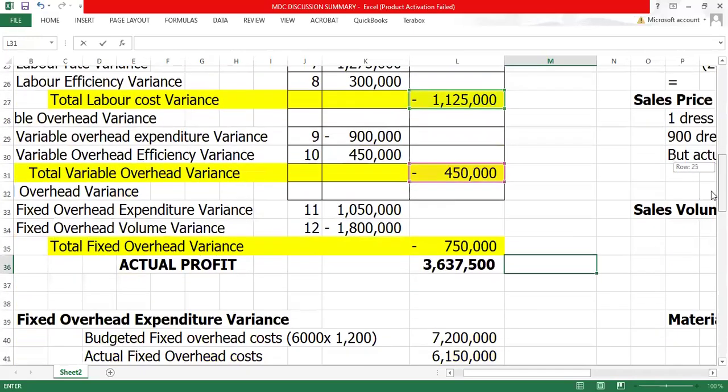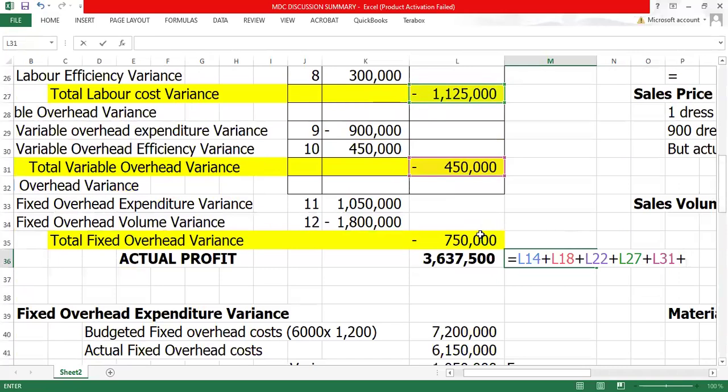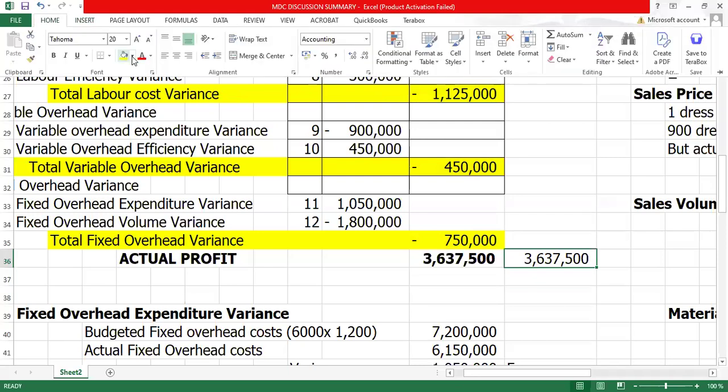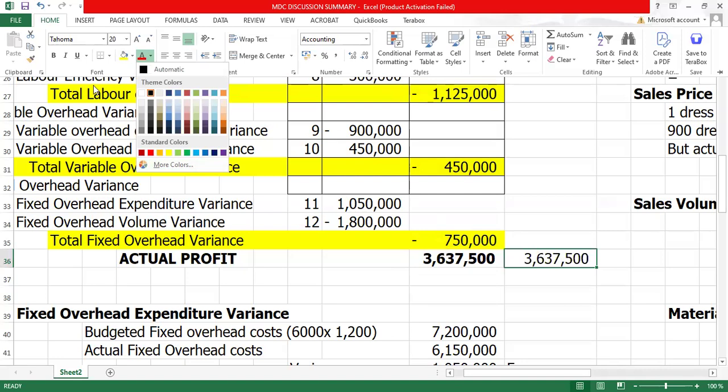If a figure is positive, you add. So you are saying it is reconciled.